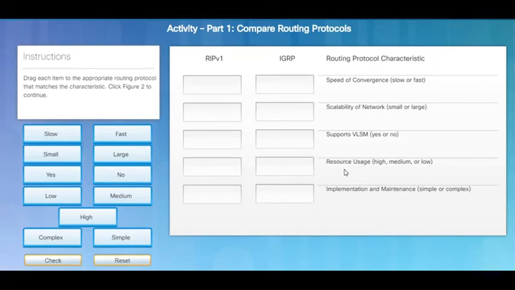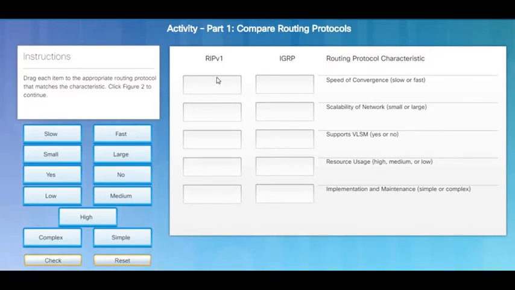Let's proceed to our next activity. We're going to try and compare routing protocols in terms of their characteristics. We have clues here on what answers to choose: slow or fast, small or large, yes or no, and the rest.